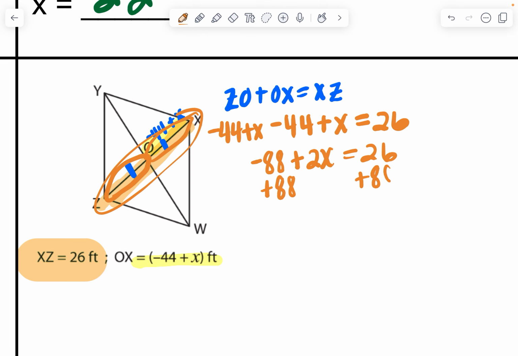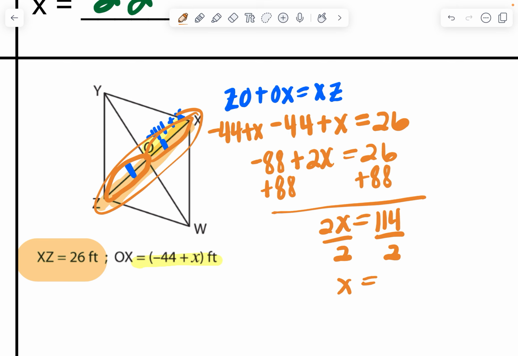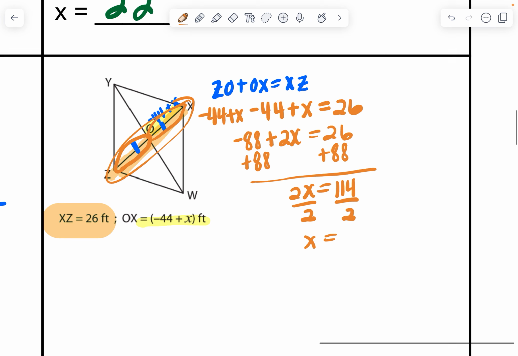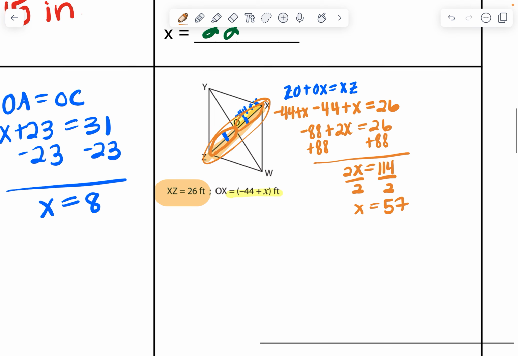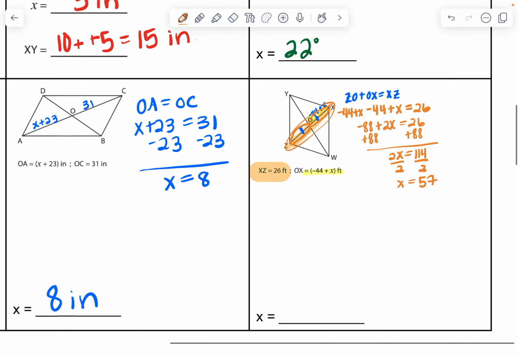Adding 88 to both sides, I'll get 2x is 114. And then dividing by 2, I will get that x is 57. So 57 feet.